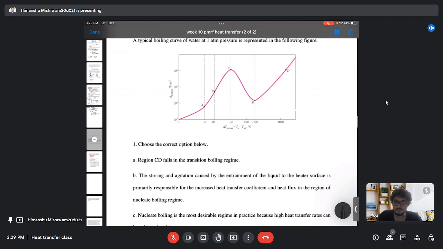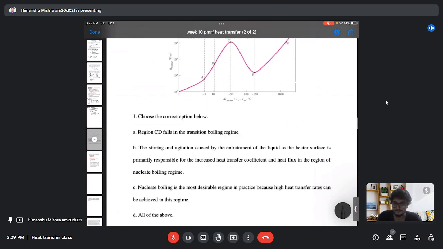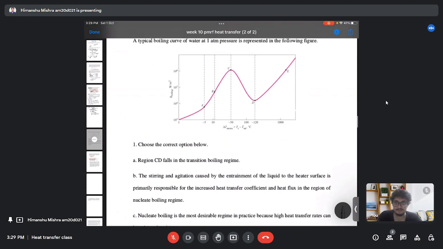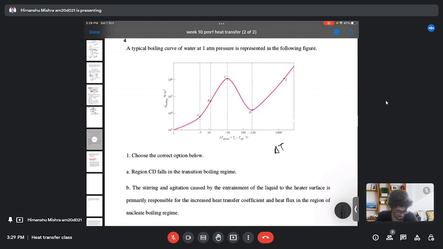In this question, we need to identify the correct statement. We are given four options, and we are given a chart which tells the heat transfer in boiling, which varies with the temperature difference. The temperature difference is given as the temperature of the surface minus the saturation temperature, and on the y-axis the heat flux is given, which varies with the temperature difference.